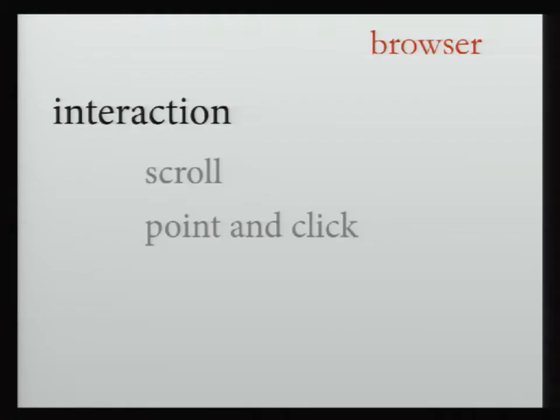So the interaction that we have right now here on the browser is that I can scroll using this gesture, right? So I can scroll the web using this. And the problem is, how can I point and click, right? Because I don't have a mouse, I don't have a pointer.